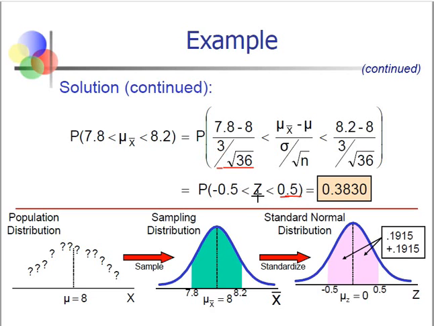So this is just the probability that z is less than 0.5 minus the probability that z is less than minus 0.5. These are the two areas that we're looking for, and we should find them from our table.